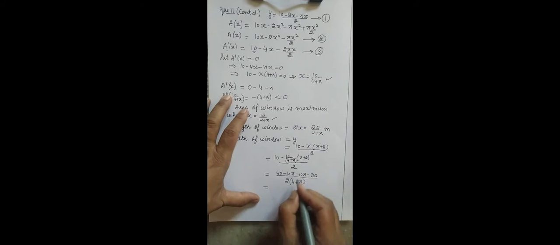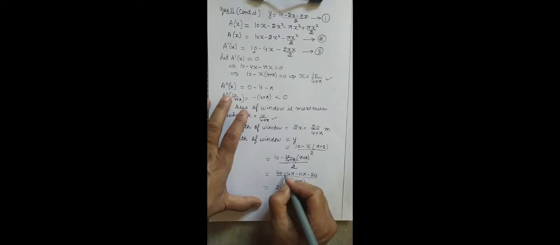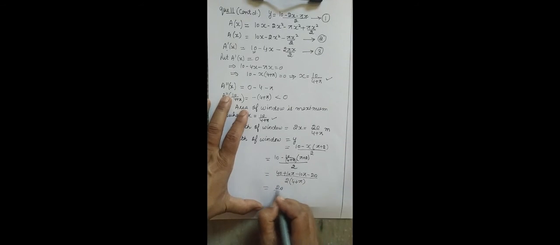So 40 minus 20 is 20, and 10 pi minus 10 pi is 0. So this simply becomes 20 upon 2 into 4 plus pi, which is equal to 10 upon 4 plus pi, and this is again in meter. This is the width of the window.